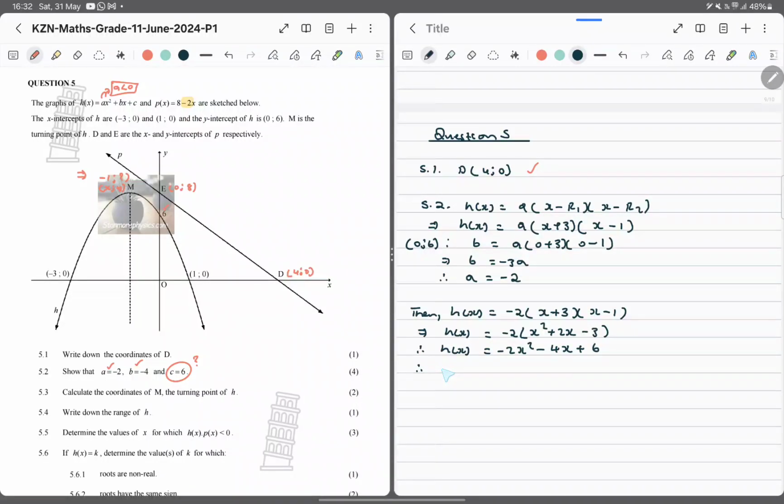Therefore, here we got the a value, so I think we needed the b. Okay, let's list them all. A is minus 2, b is minus 4, and c is 6. Okay, that's good.